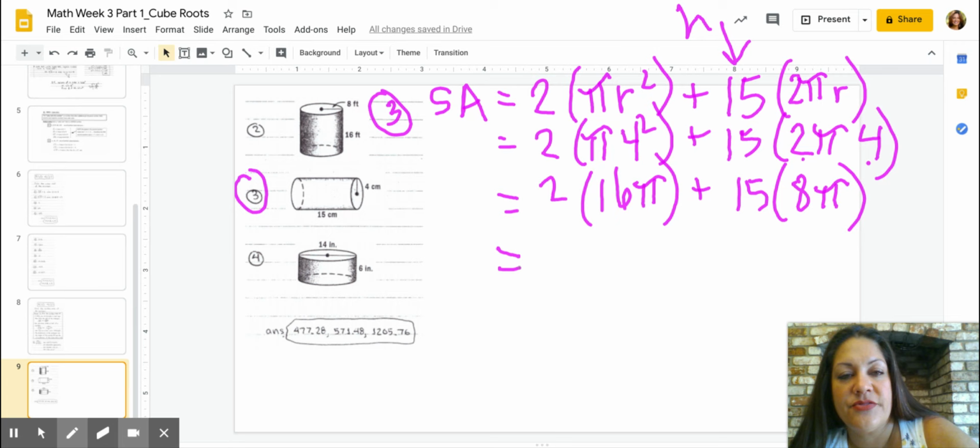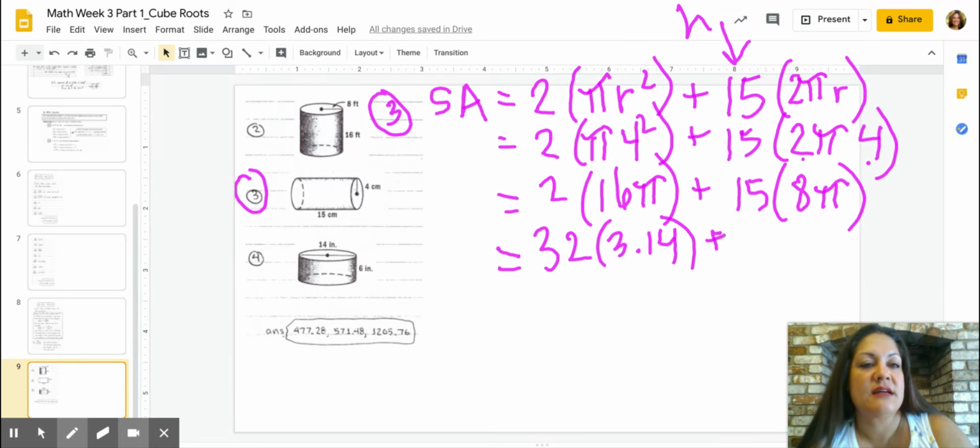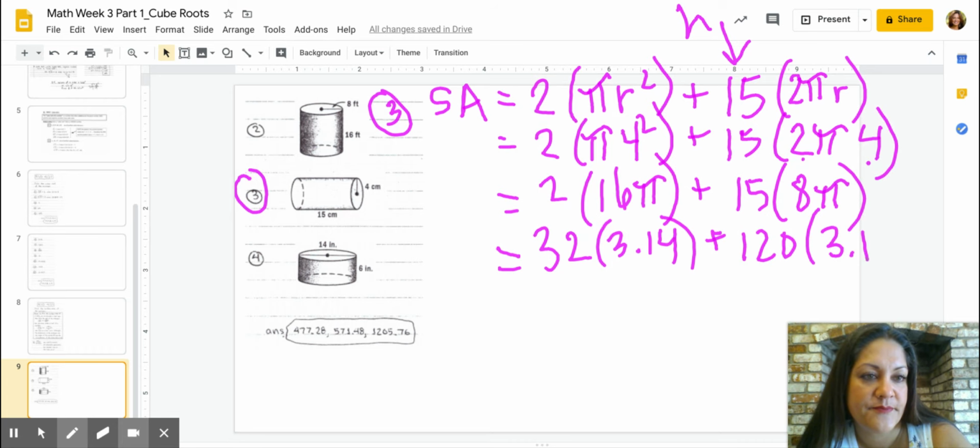Equals 32 pi times 3.14, plus 15 times 8 is 120 times pi.